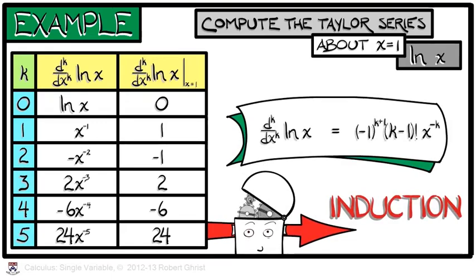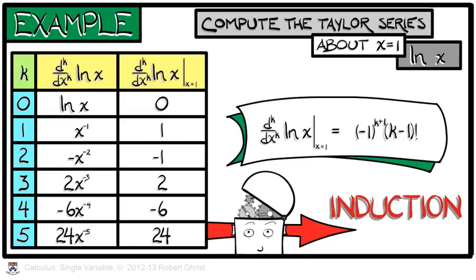But with a bit of effort, one can conclude that the kth derivative of log of x is negative 1 to the k plus 1 times k minus 1 factorial times x to the minus k. Evaluating that at x equals 1 gives us simply the coefficient negative 1 to the k plus 1 times k minus 1 factorial.